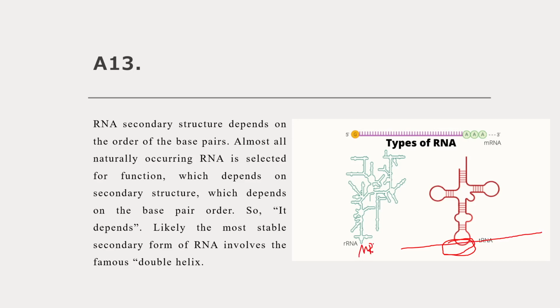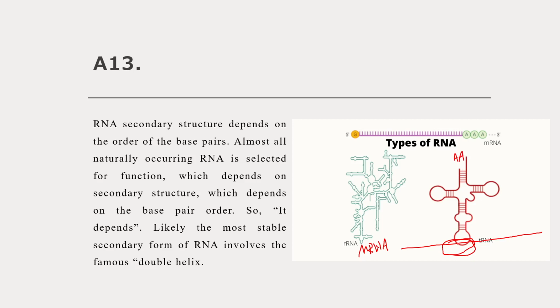If your mRNA is like this, then it will be read like AUG or GAG or whatever the 3-letter code is, and in the acceptor arm there will be the amino acid. I am writing it as AA, amino acid.